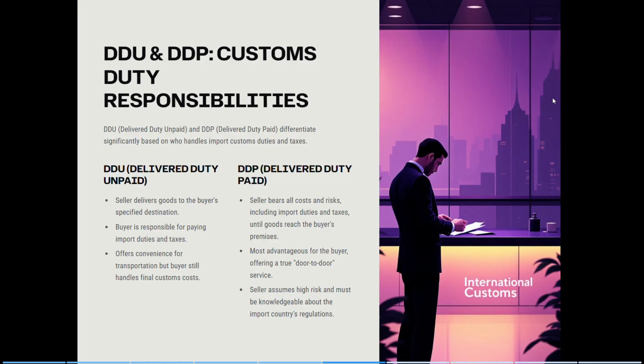Under DDP, the seller bears all costs and risks, including import clearance and taxes, until the goods reach the buyer's premises. DDP offers maximum convenience for buyers, but requires sellers to be highly knowledgeable about import regulations.